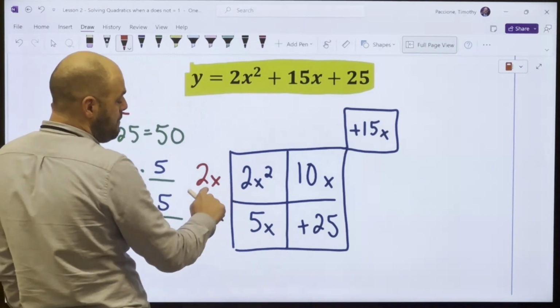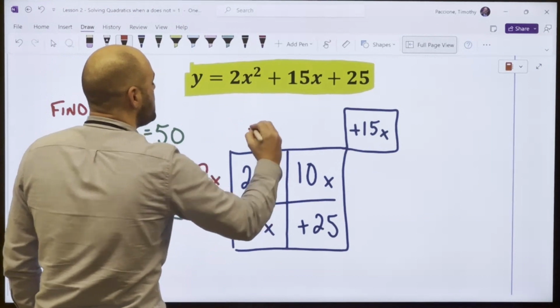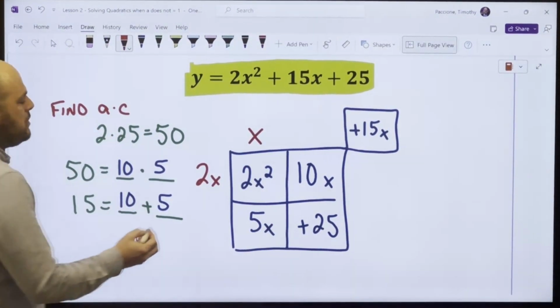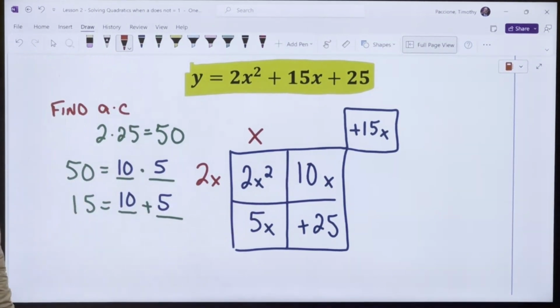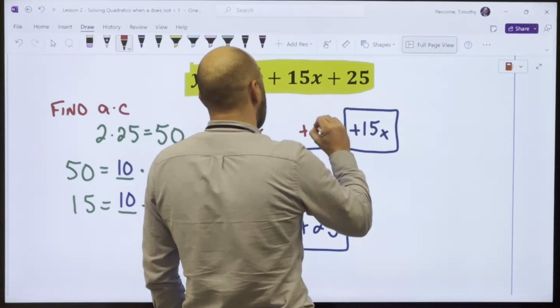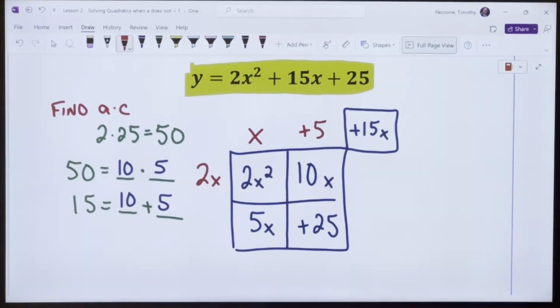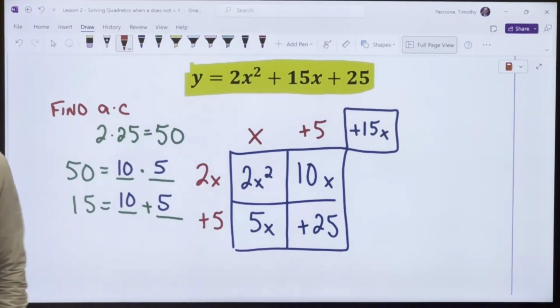And what must I multiply 2x by to get 2x squared? X. So I know x goes here, right? And I just start filling in the pieces. Okay, 2x times something gives me 10x. 5. So this must be plus 5. And then x times something gives me 5x. 5 again, so that must be 5. And I've just filled in all the pieces I need, right?